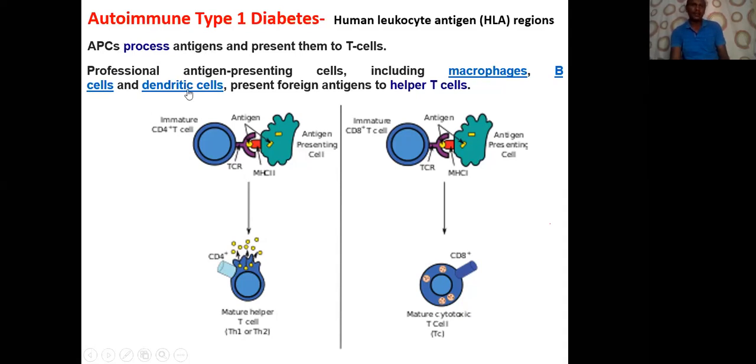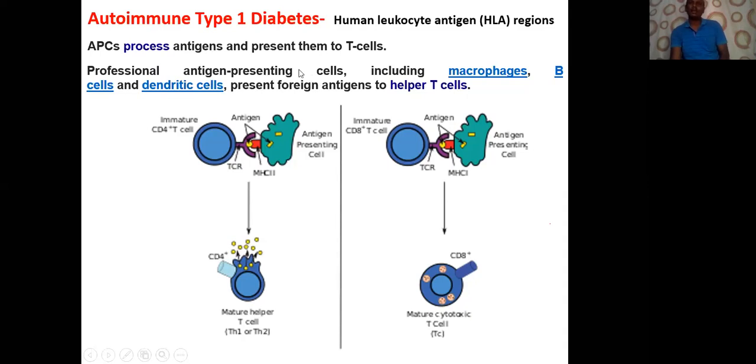Macrophages are one of them, along with dendritic cells, T helper cells, and B cells. These cells process the antigens and then present those processed antigens to the T cells. We call this antigen presenting.